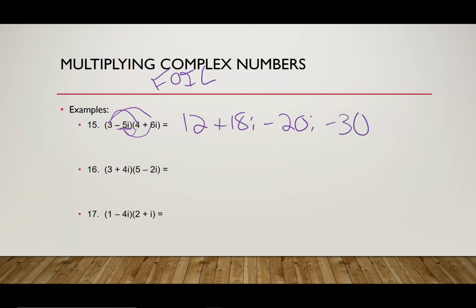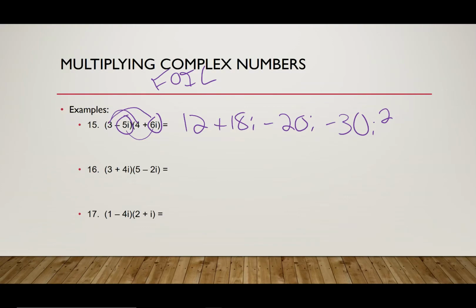Now be careful, because i and i make i squared. A lot of people forget this i squared and write just i. When you have an i term times another i term, you don't only multiply the numbers, the i times an i combine to make an i squared. Very important stuff.